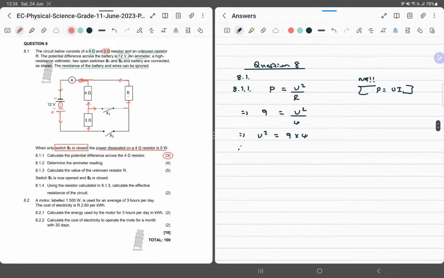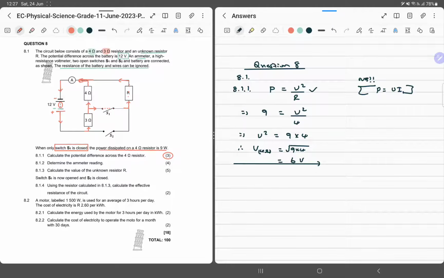Therefore, the V of the 4 ohm resistor is going to be the square root of 9 times 4, which is basically 6. So 6 volts, okay? So that would be 6 volts because that would be 36, and we're not going to take the negative version.